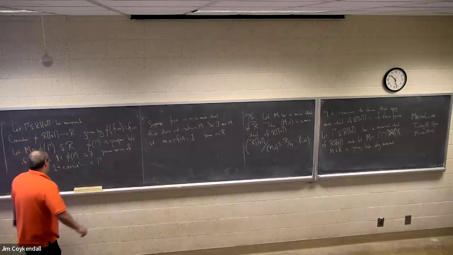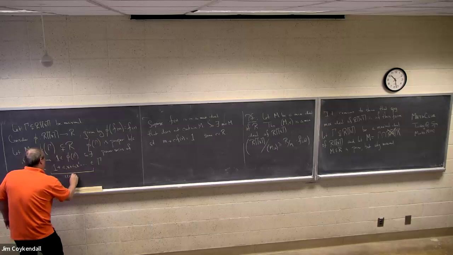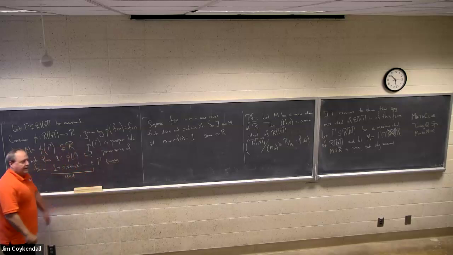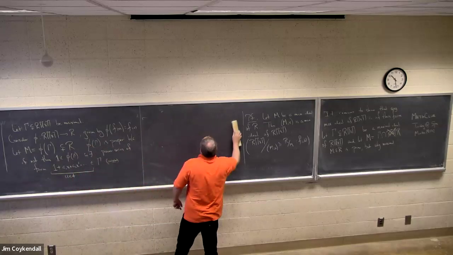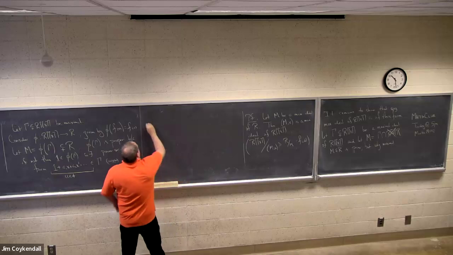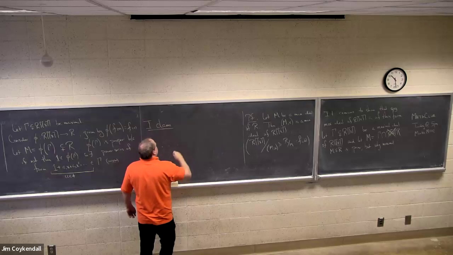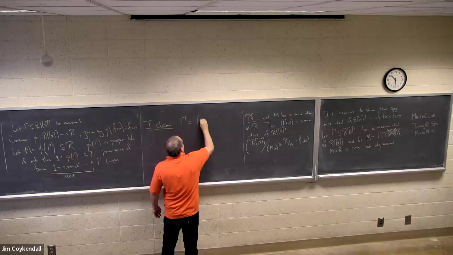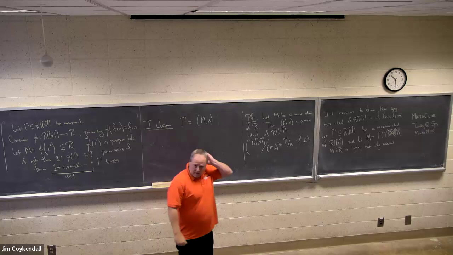But this is a unit, and I'm assuming gamma is a proper maximal ideal. I now claim that gamma is actually equal to (M, X).